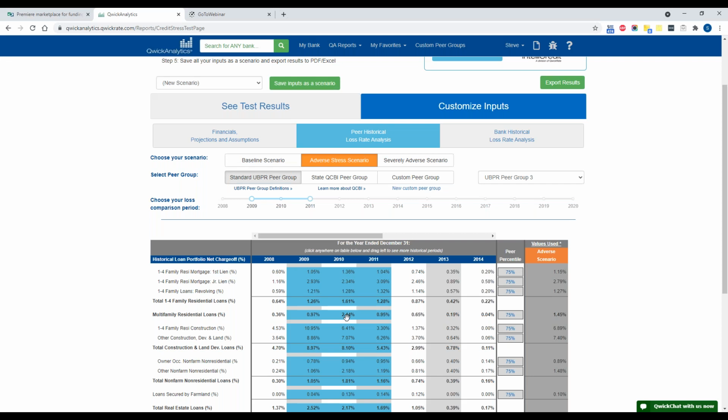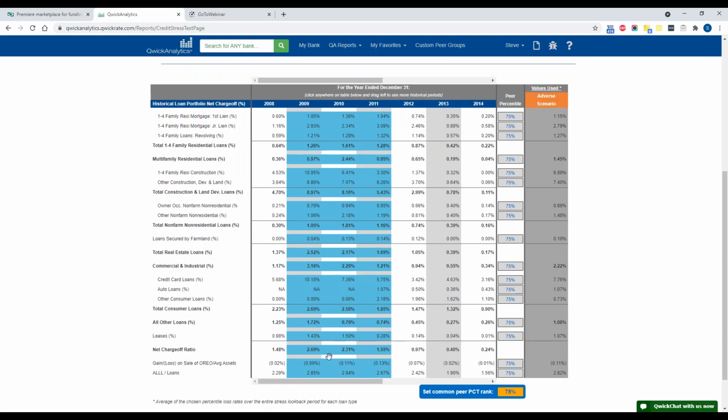Not only higher net charge-offs throughout the industry for most segments of loans, but also higher levels of reserves throughout the industry and higher levels of losses on sale of OREO, which was a big piece of the overall credit loss picture during the last credit environment that we had. And you can see here, looking at these 3 years and at the net charge-off ratio on the whole portfolio on average, these are definitely the right 3 years to be using.